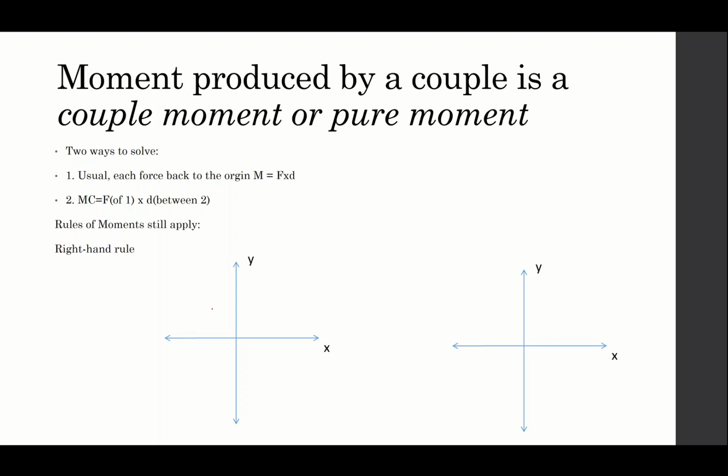Okay, so let me give you an example. Let's say we have 3 pounds acting here. It's 2 feet away from A. And then we have 3 pounds acting here, and it's also 2 feet away.